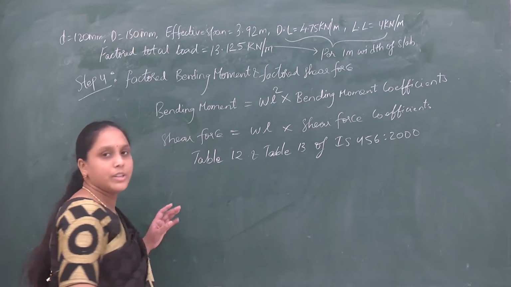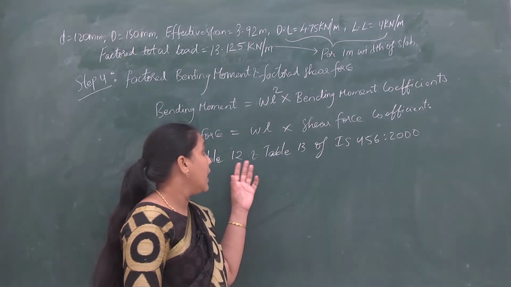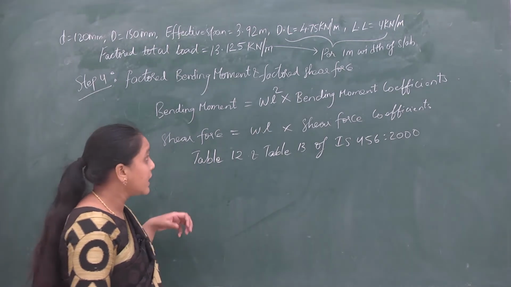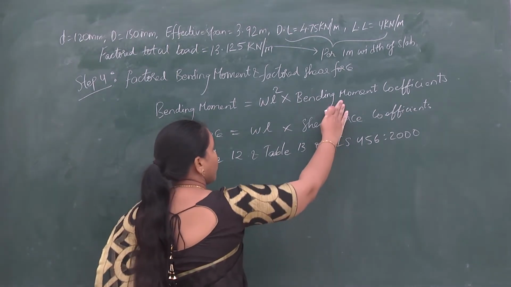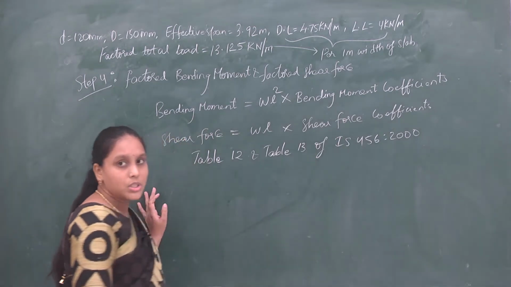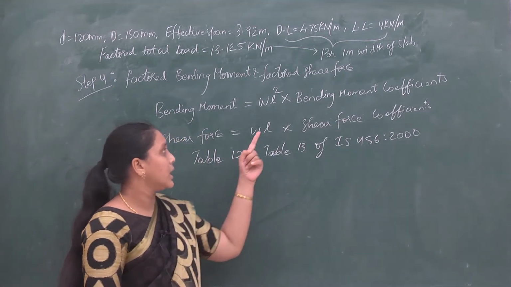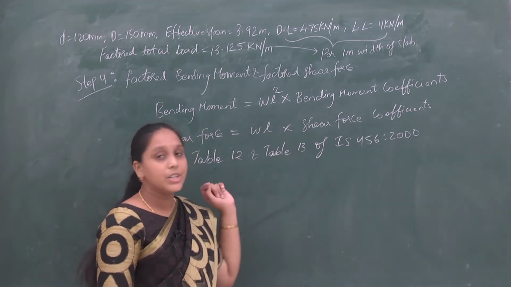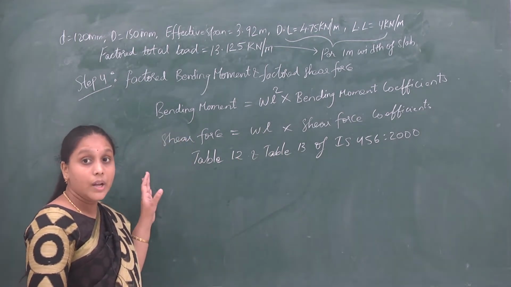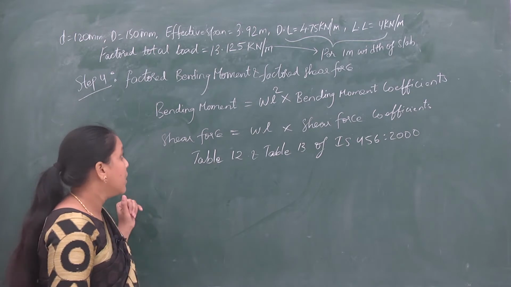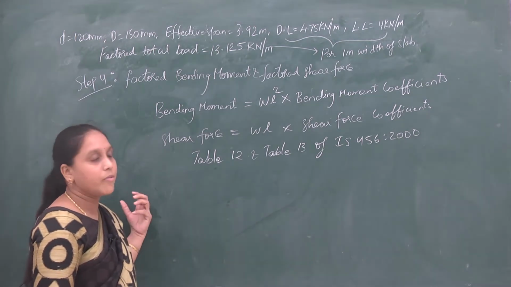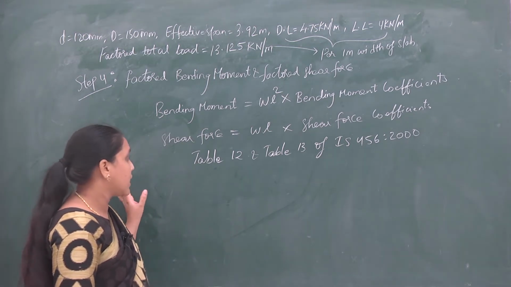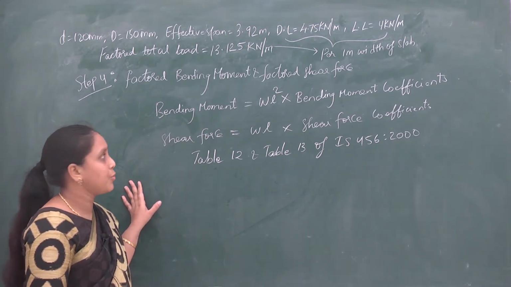Table 12 is for bending moment coefficients, and table 13 is for shear force coefficients for a continuous slab. Based on that, we have to calculate the factored bending moment and the factored shear force.